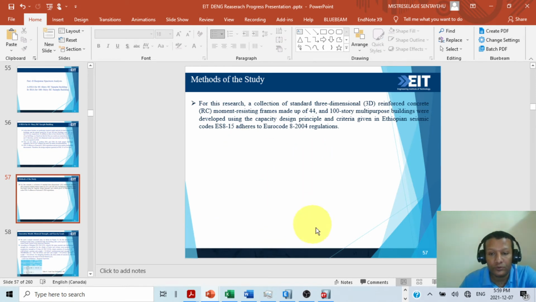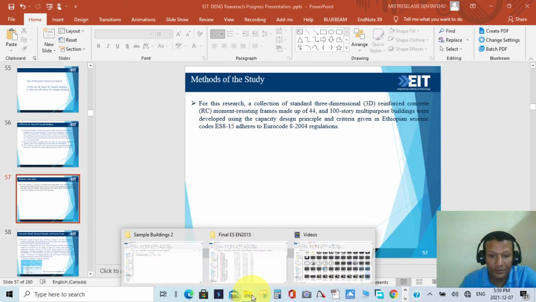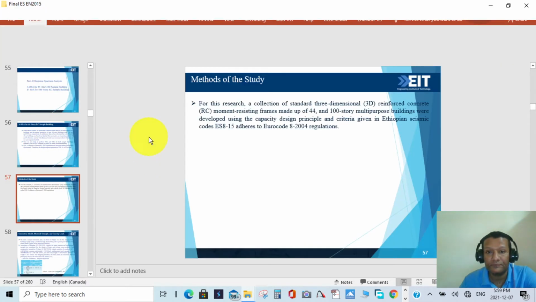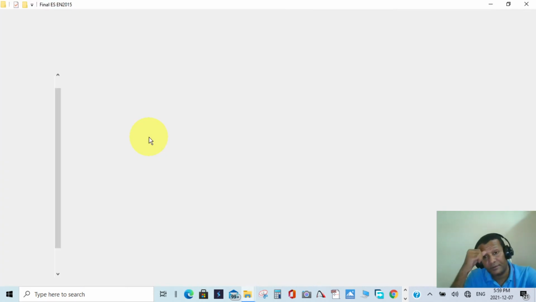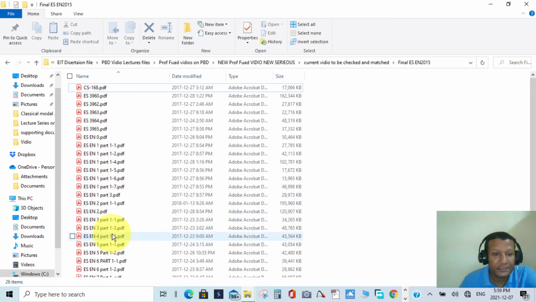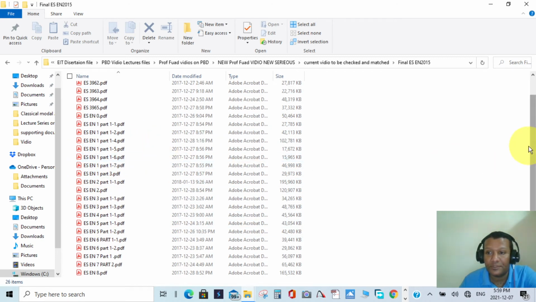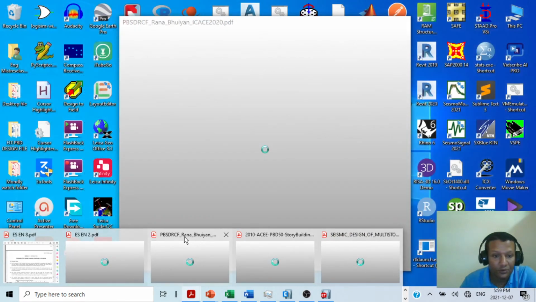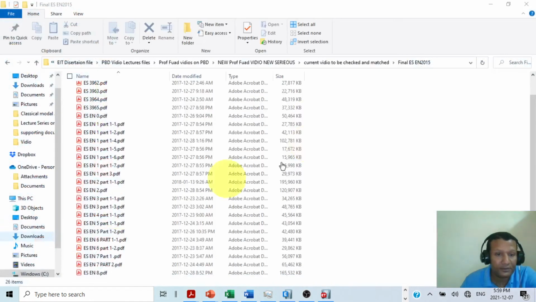Just to show you the Ethiopian building code, I already opened it here. This is the Ethiopian building code. This is EN, Ethiopian Standard European Norm. These are the codes we adopted recently in 2015, and as per that code, for example, I also opened this one.